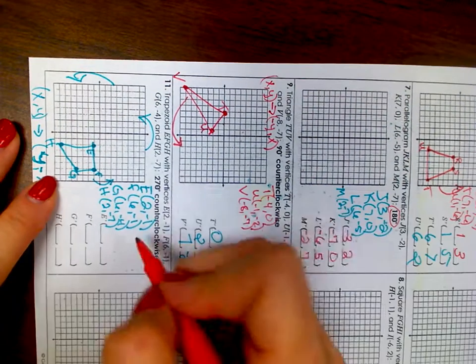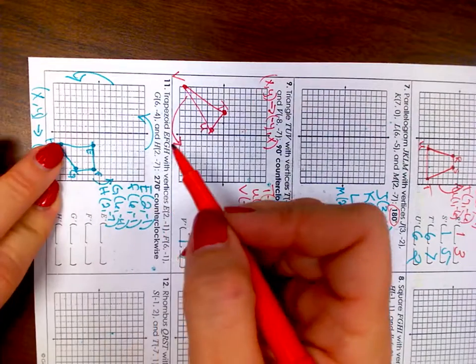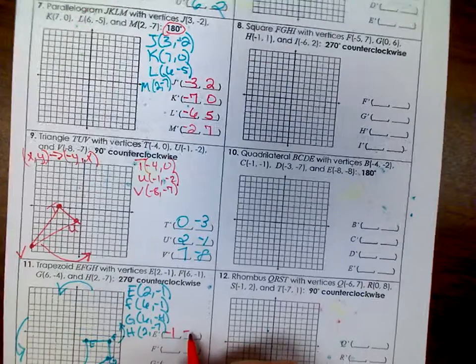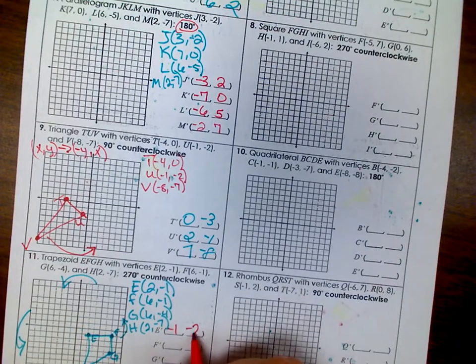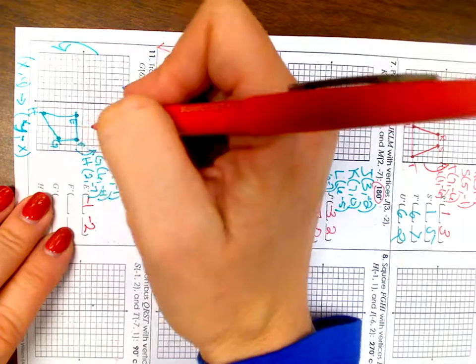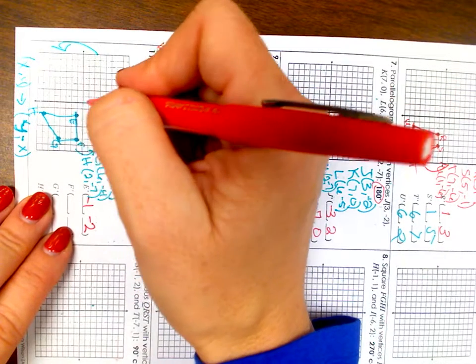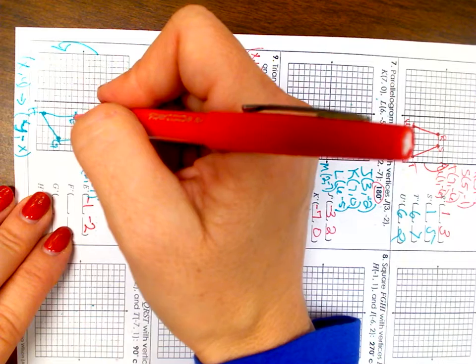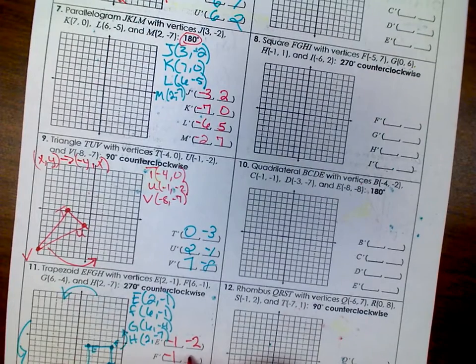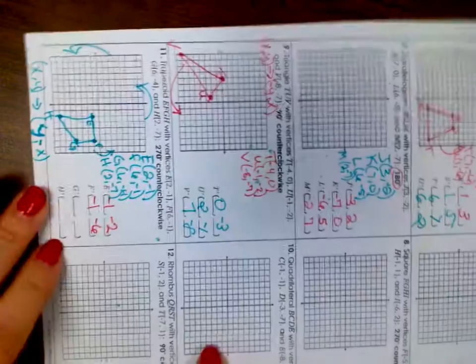Let's just go ahead and put the coordinates down. So this is E, would be negative 1, negative 2. F would be negative 1, negative 6.